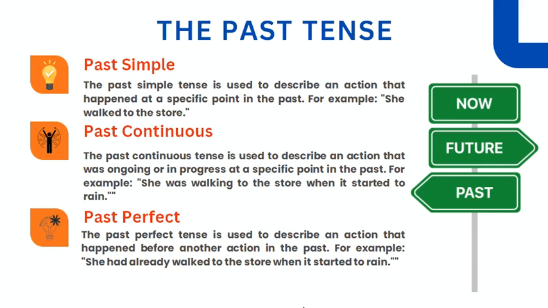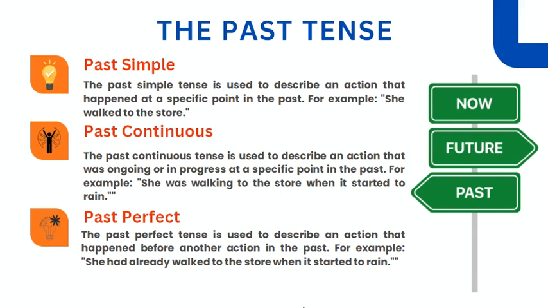Or I can give you another example. I had watched, or I had written, or I had completed my homework. I had completed my homework before my brother came. So look, there are two actions. My brother came is one action.